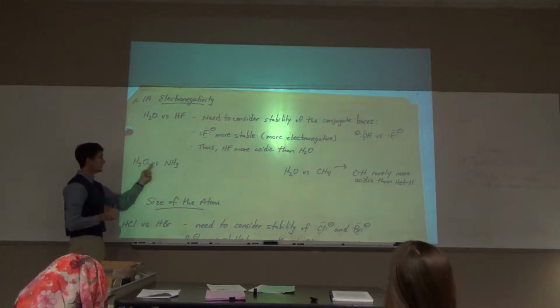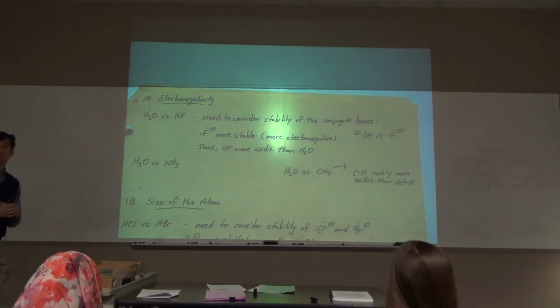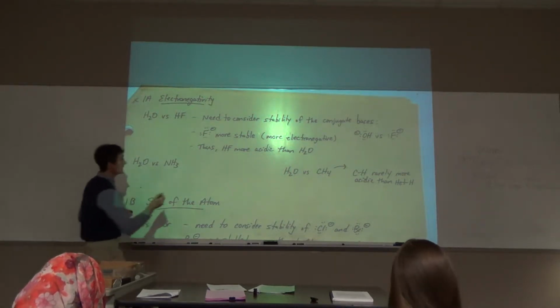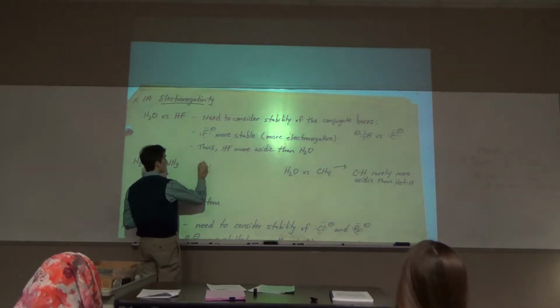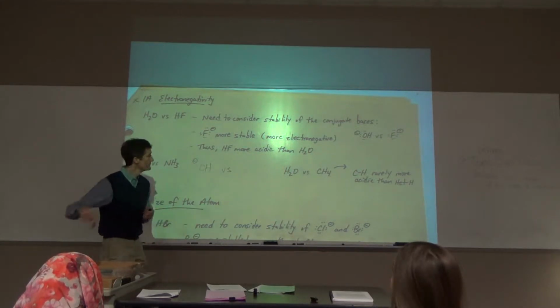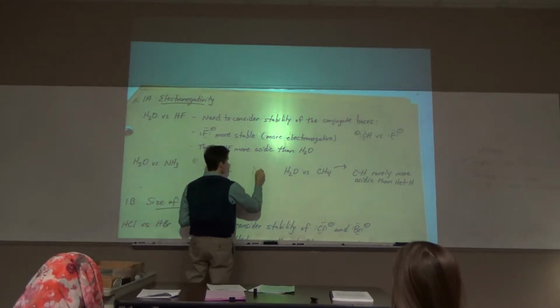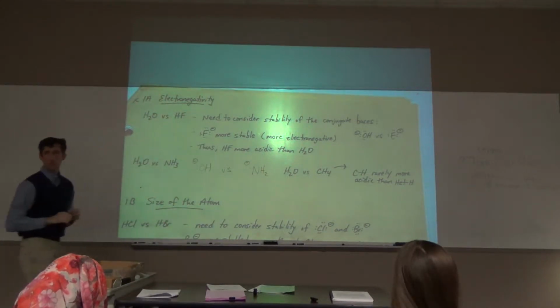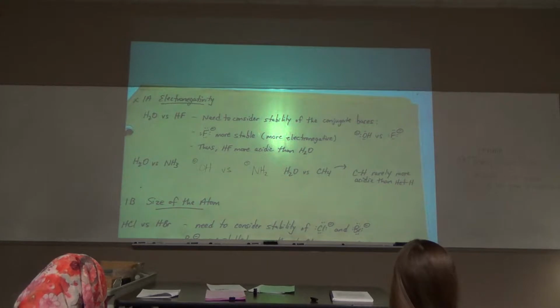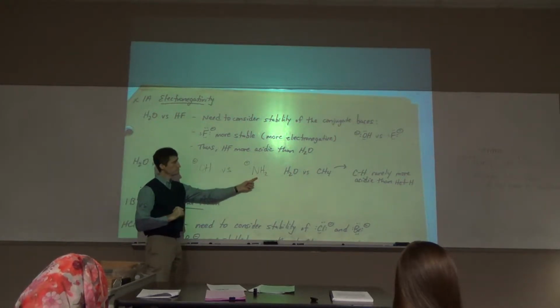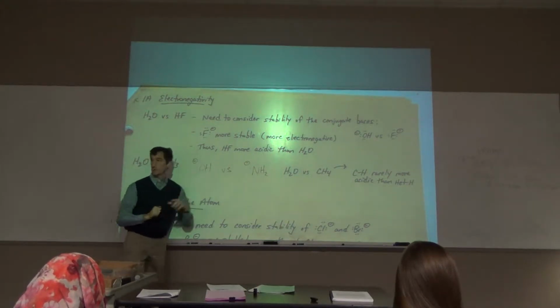Which is more acidic, water or ammonia? Water? Why water? What we're really looking at here is hydroxide versus the conjugate base of ammonia. NH2 minus, 2 lone pairs, negative. Which is more stable? O minus or N minus?